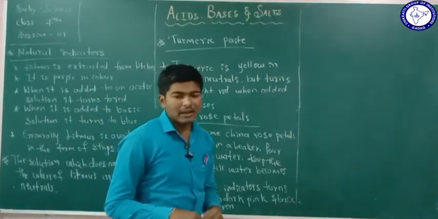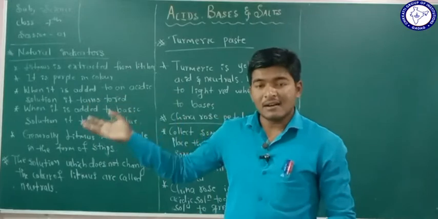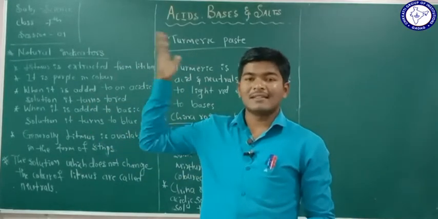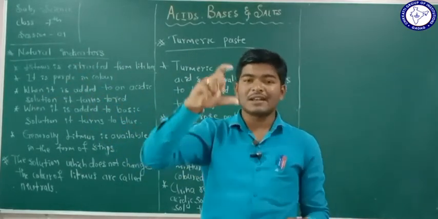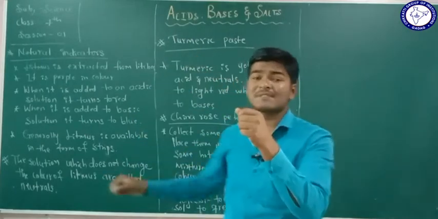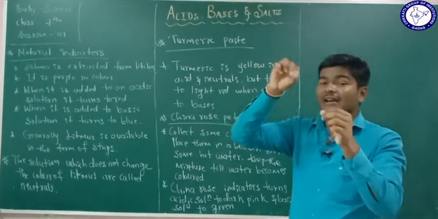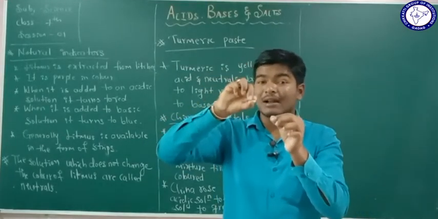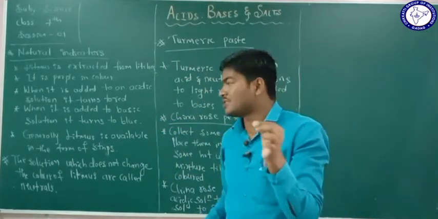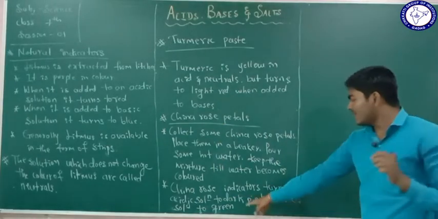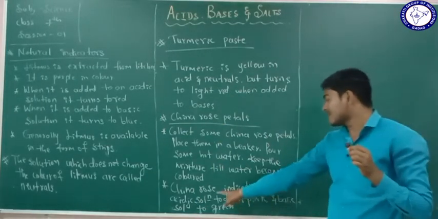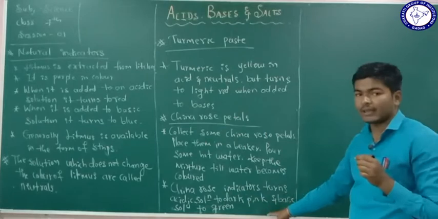Now take curd, lemon juice or orange juice in a test tube. Add a few drops of this colored water, the China rose petal water, into the test tube containing lemon juice or orange juice. What happens here? China rose indicator turns an acidic solution dark pink.